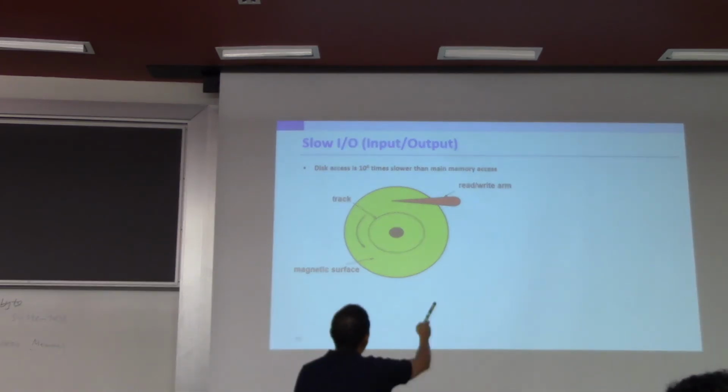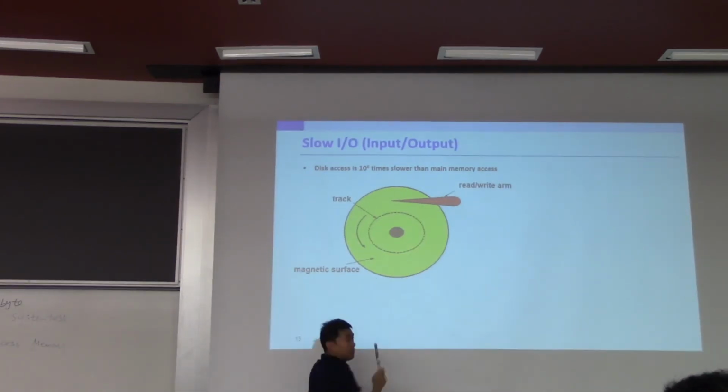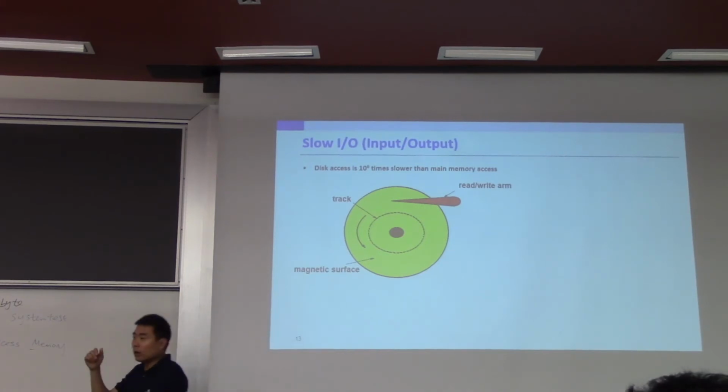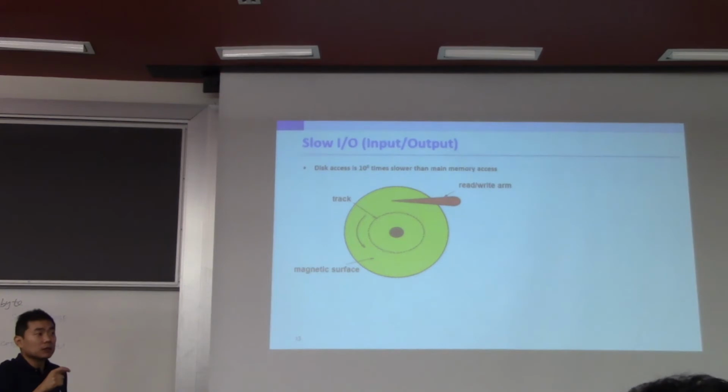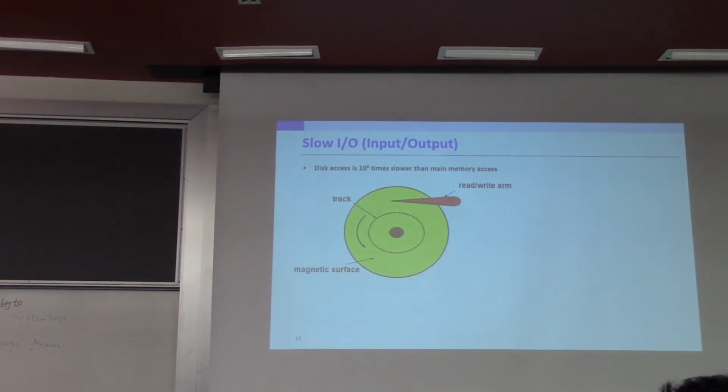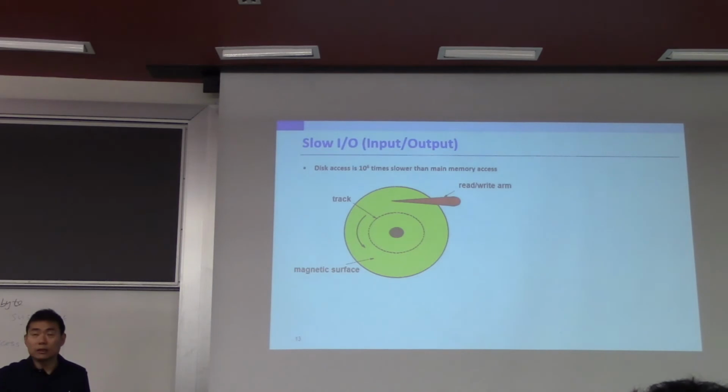And there is an arm, this red color beam, what we call a disk arm. This disk arm is able to convert magnetic field into positively or negatively charged electrons, meaning turning data from your disk into something the memory can understand. So that's the physics over there.